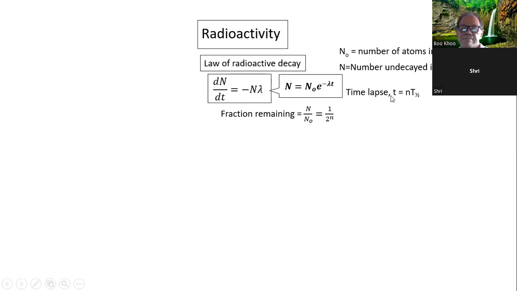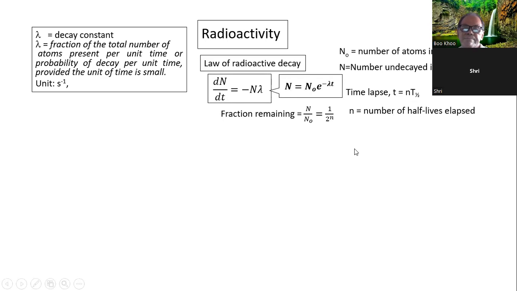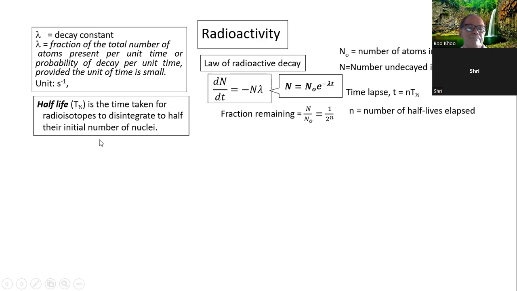Time lapse t is n times t half, where n is the number of half-lives. And lambda is your decay constant. Lambda is a constant, the fraction of total number of atoms present that decay per unit time, or probability of decay per unit time, provided the unit of time is small.